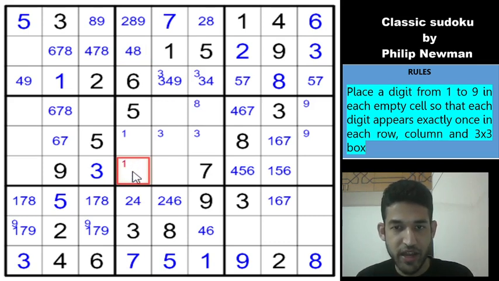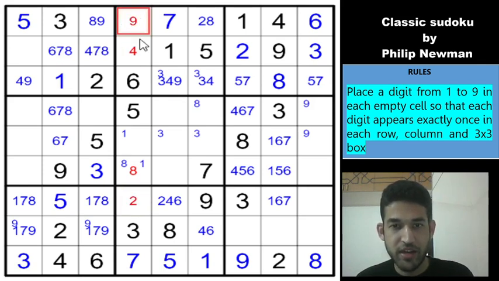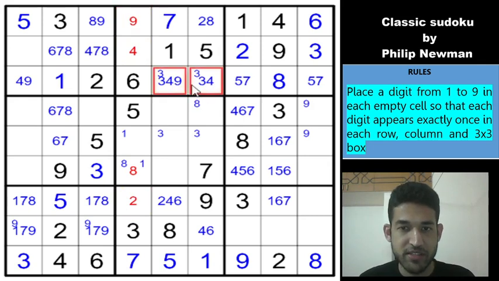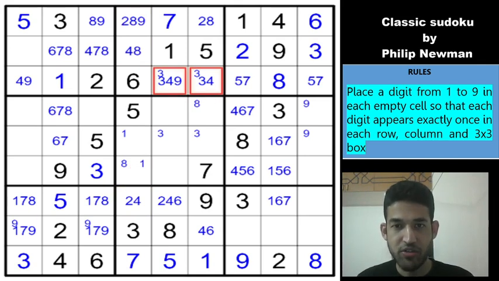So if this is an 8, this becomes 4. This becomes 2 and this becomes a 9, right? And now look what happens to these two cells. Both of them become 3. It's not at all easy to see. It's a really difficult deduction to see. I'm not sure what this technique is called really. Maybe some chain.